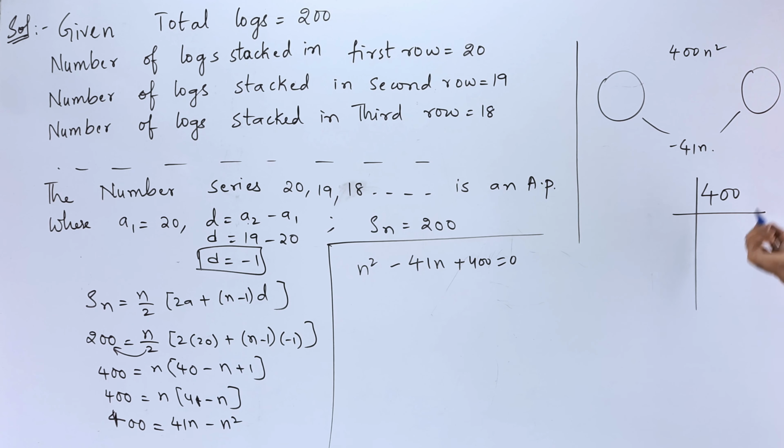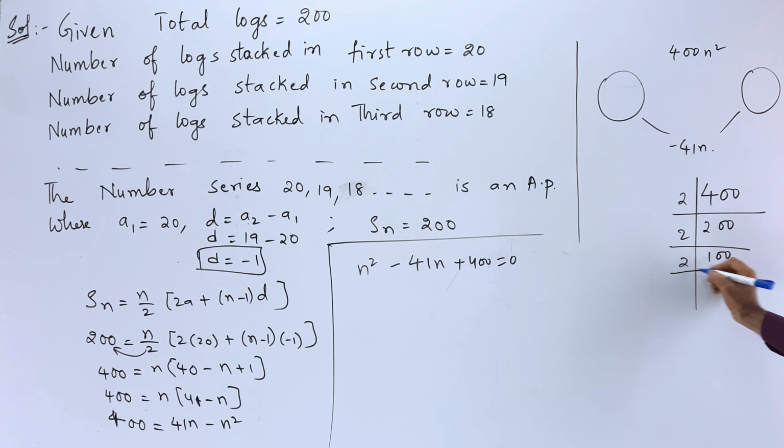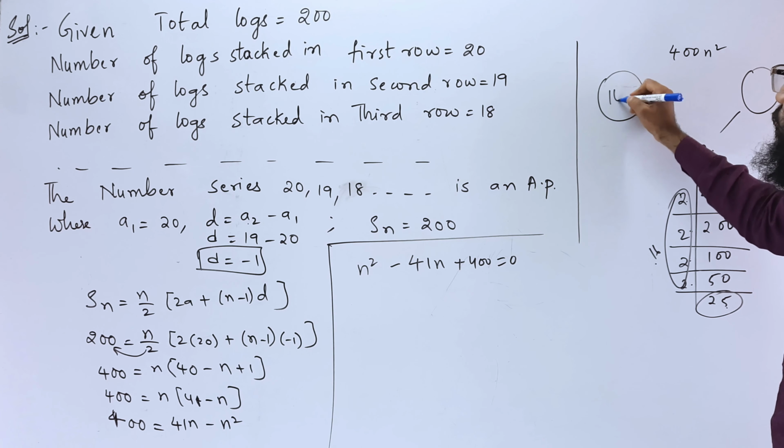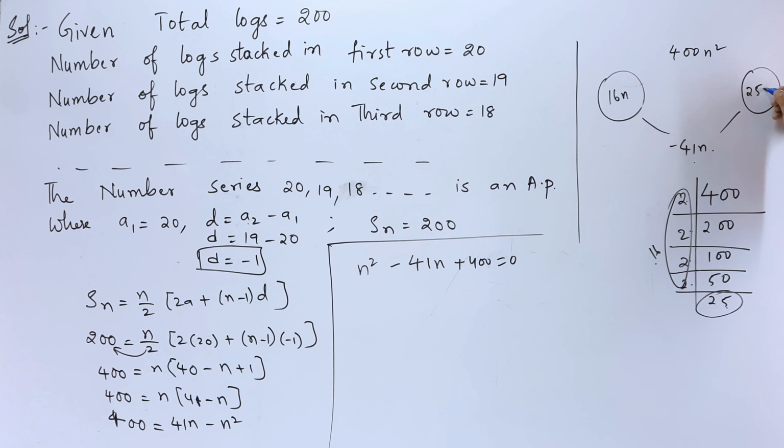We can go with the 2 table as well as the 4 table. 2 2s are 4, 4 2s are 8, 8 2s are 16. So it is 16 and 25. 16 plus 25 is 41 and 16 into 25 is 400. As it is minus and we are adding, we will put a minus sign for both of them.